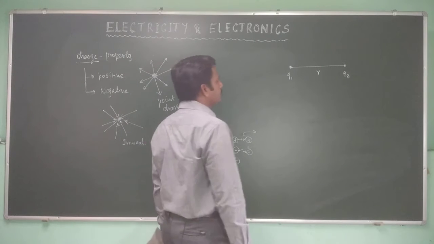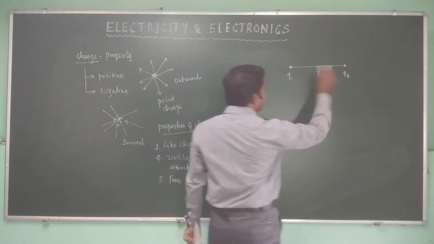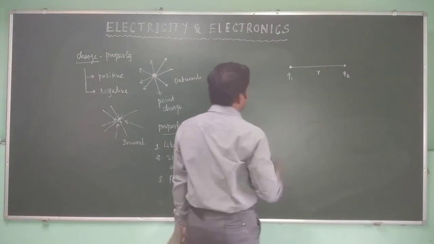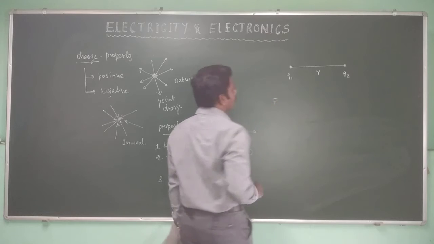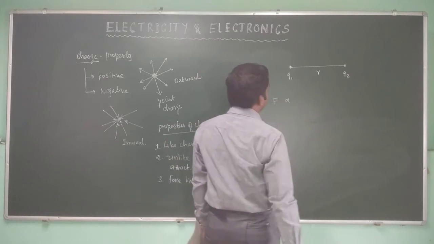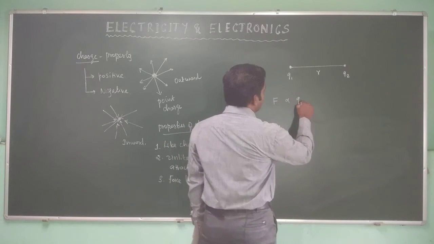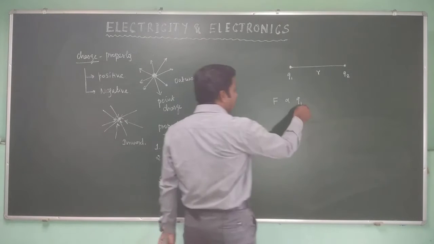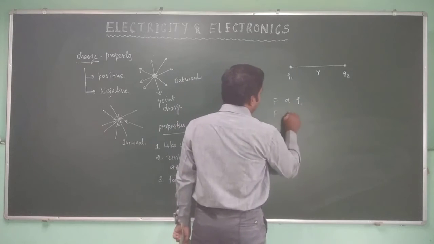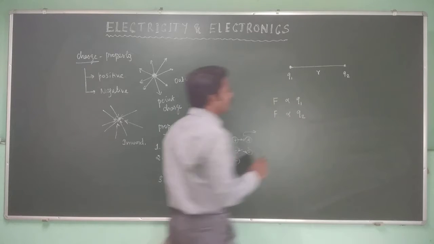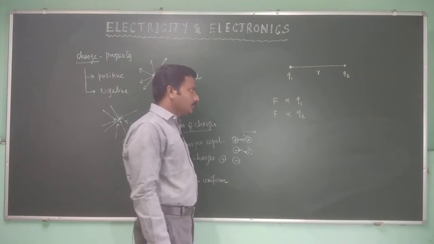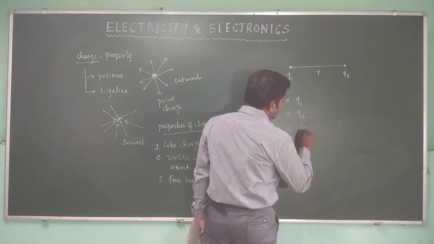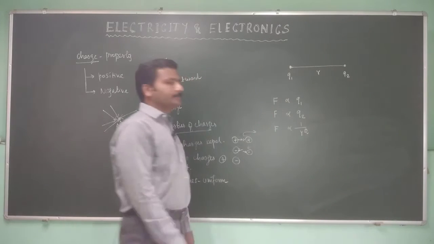Now we can write the force between these two charges. The force is directly proportional to the charge Q1. The force between these two charges depends upon the charge Q1, and it is also directly proportional to the charge Q2, and it is inversely proportional to the distance between them.